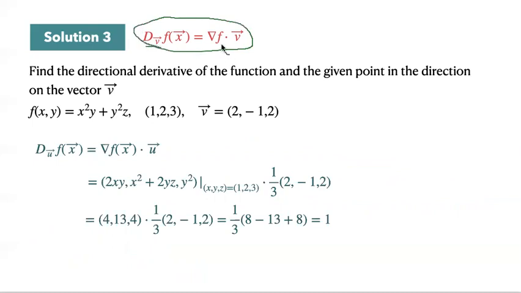In this case, if we find the gradient vector and the direction, then we just do a dot product, an inner product here. So the first thing is also to find the direction vector here. It is the unit vector. We know that it is just 1/3 of the given vector v, right? So it is (2, -1, 2).